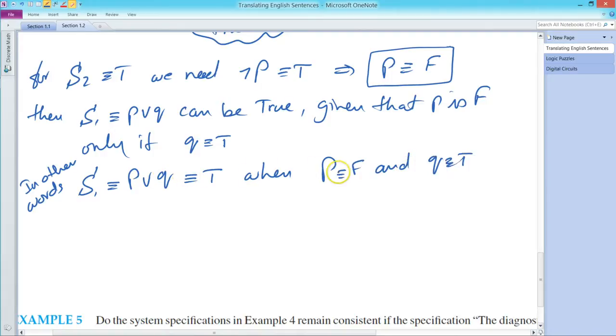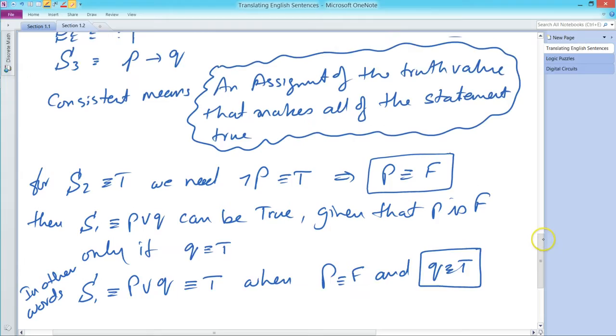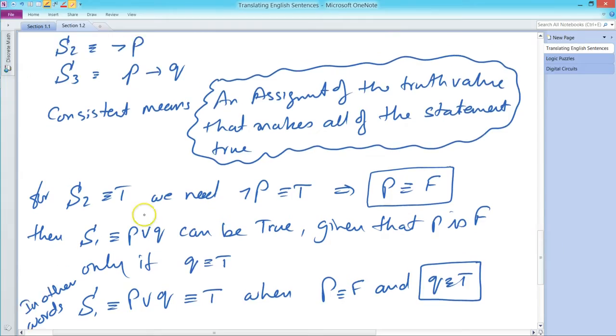So there you go. Here is the truth value for the second variable, and this will make S1 and S2 true.